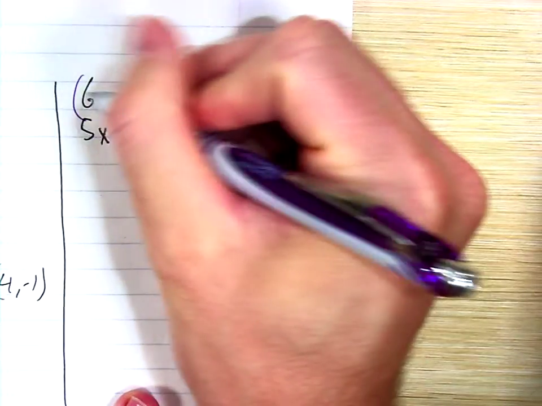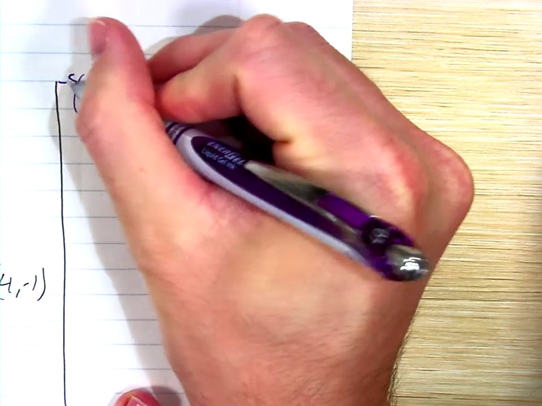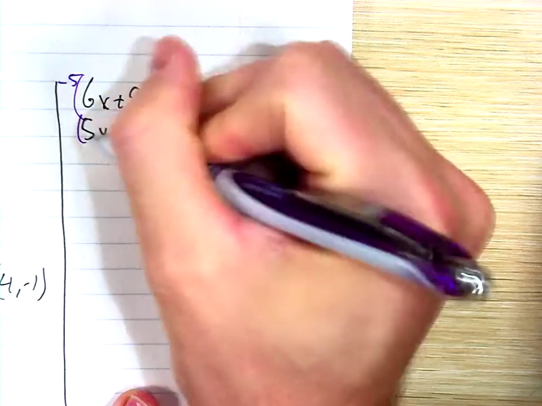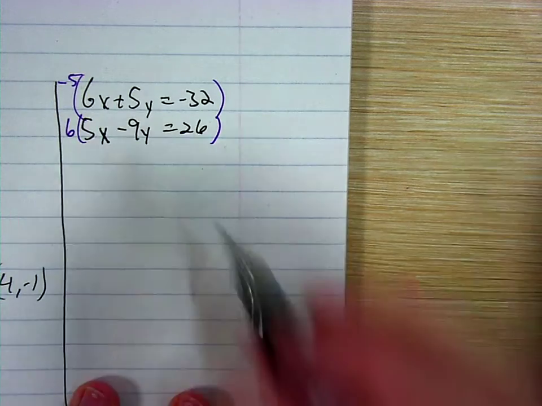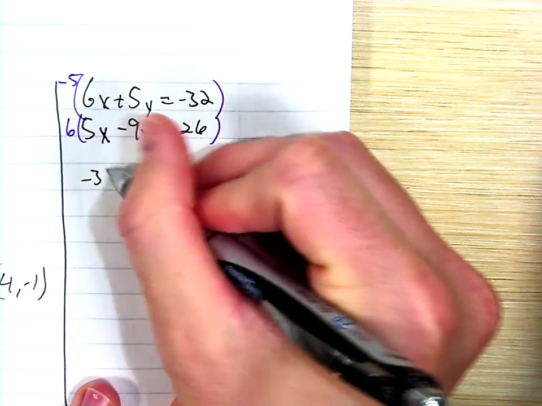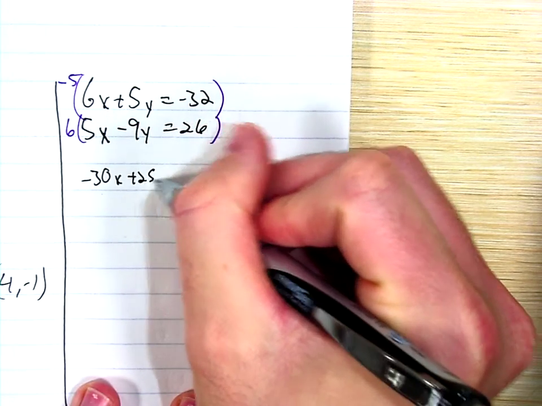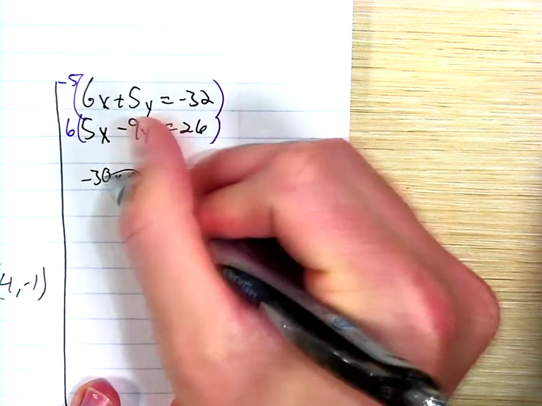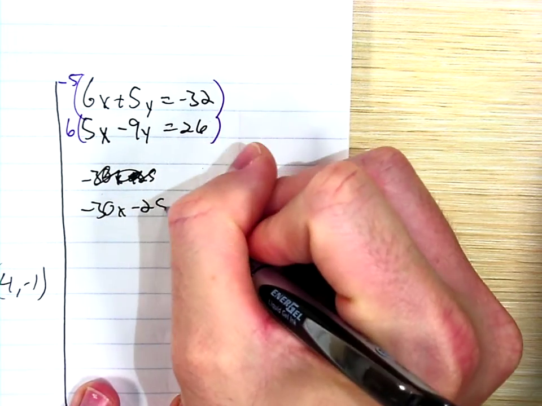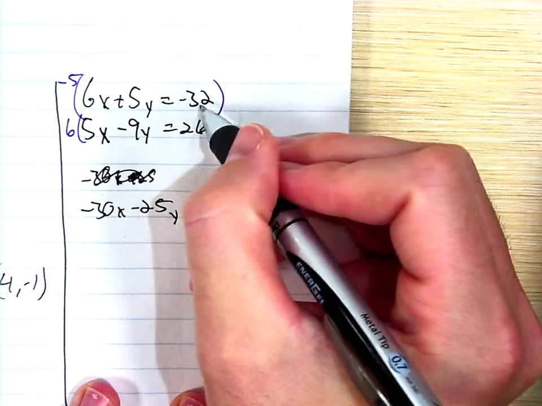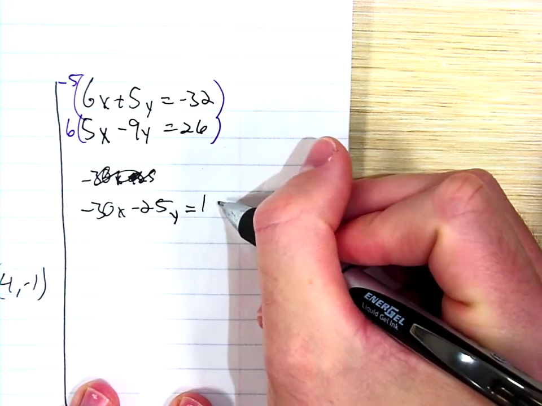So I'm going to multiply the whole top row by, let's go negative 5, and the whole bottom row by 6. And that should give me 30s there on my x's. Negative 30x plus 25, nope, minus 25y. And equals a positive 160.